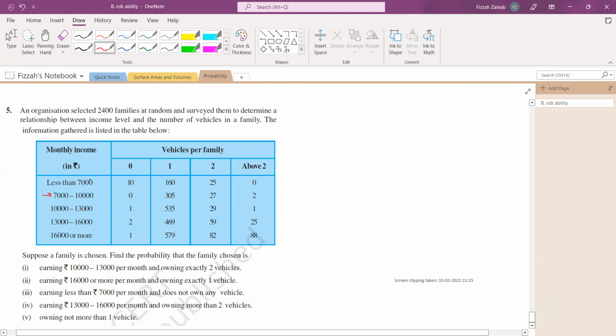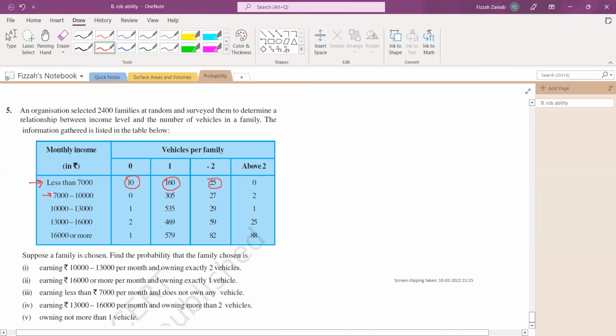So, basically, the families which are having less than 7,000 monthly income, 10 families are there, they have no vehicle. And 160 families are there who are having one vehicle in a family, and only 25 families are having two vehicles. It's like that. Is it clear?